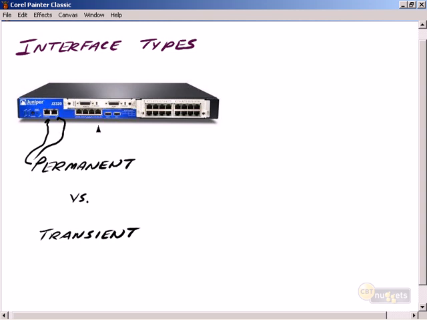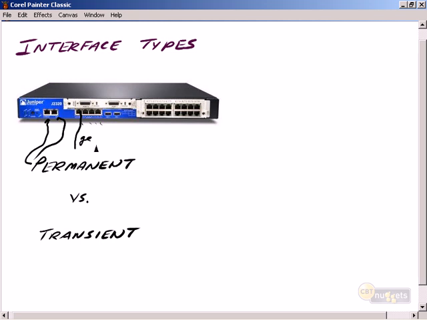Okay. This J2320 also has 1, 2, 3, 4 interfaces that are permanent. They're part of the chassis. And we know those are gigabit Ethernet 0/0/0, 0/0/1, 0/0/2, and 0/0/3. Right now, I'm connected to 0/0/0, and I'm doing my management on that particular interface.